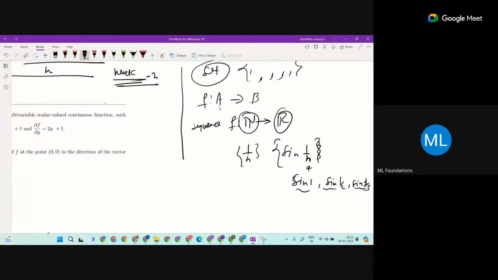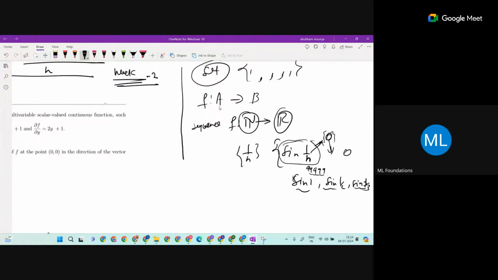Like if you give a very large number, n is 999, the output would be around 0 only, because 1 by n goes to 0, and sin 0 will converge to 0. So the whole sequence converges to 0. Whatever very large number you substitute in place of n, the value is going to be around 0 only. That's the meaning. Is there any fixed number around which your output is coming? That is called the limit of a sequence. So if a sequence has a limit, it is called a convergent sequence. If not, then it is a divergent sequence or an oscillating sequence.